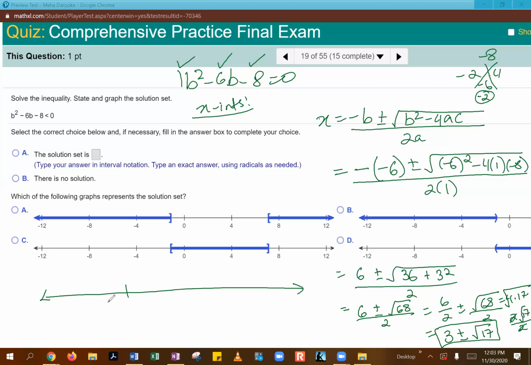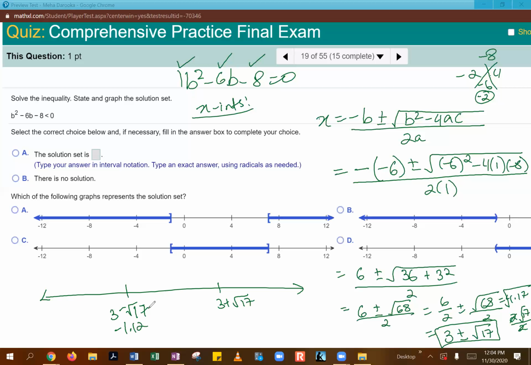So 3 minus square root of 17 would go on the left-hand side. 3 plus square root of 17 would go on the right-hand side. If you need decimal approximations, 3 minus square root of 17 is about negative 1.12.